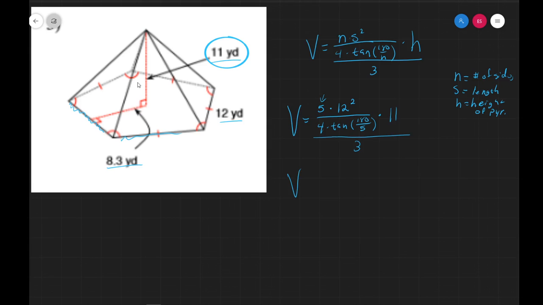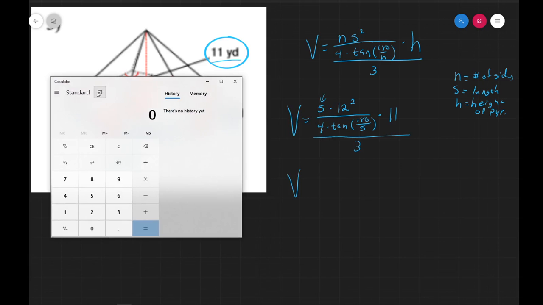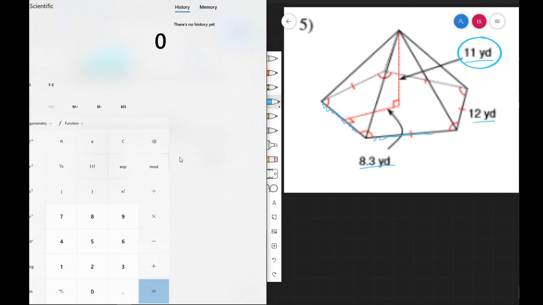Let me get out the old handy dandy calculator. I'm going to switch it into scientific mode so we have enough buttons. There's trigonometry, cool. I'm going to work this out piece by piece, step by step.